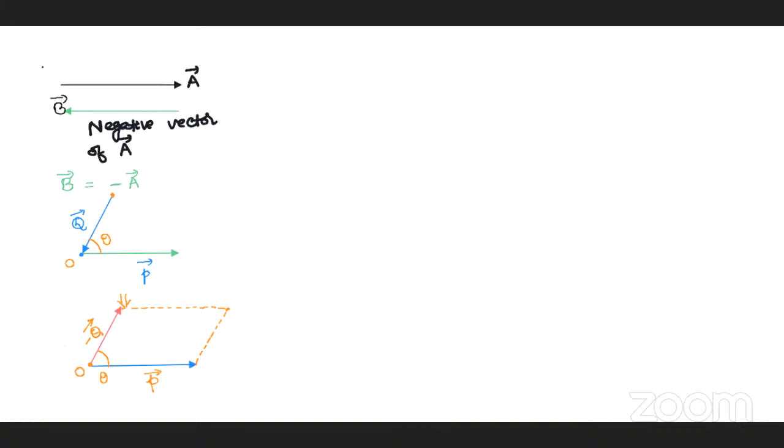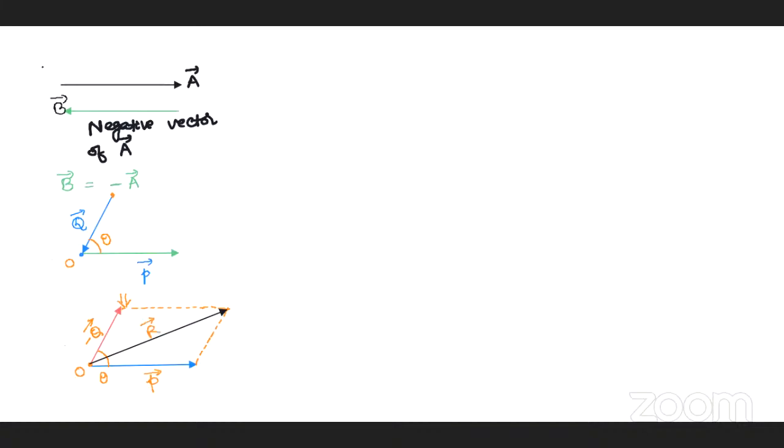This is my parallelogram. Now exactly here I'm going to get the resultant originating from the same point like this. It is the resultant of the two vectors. This is r bar.